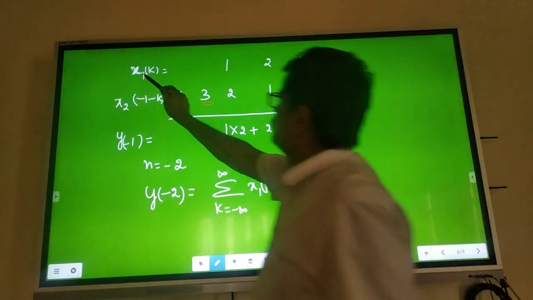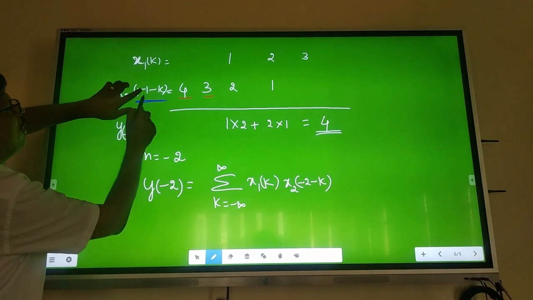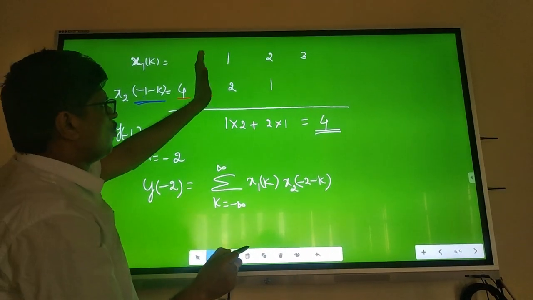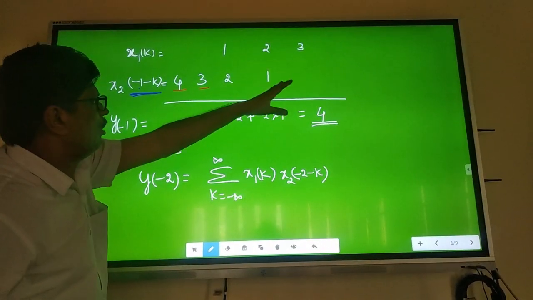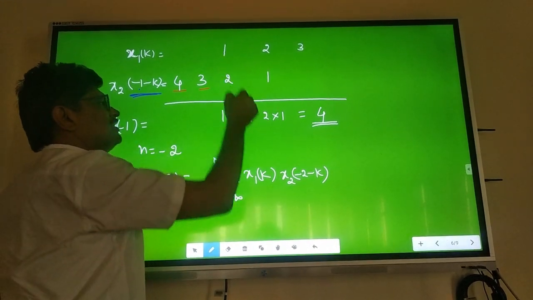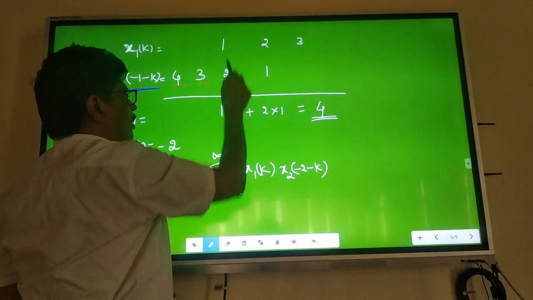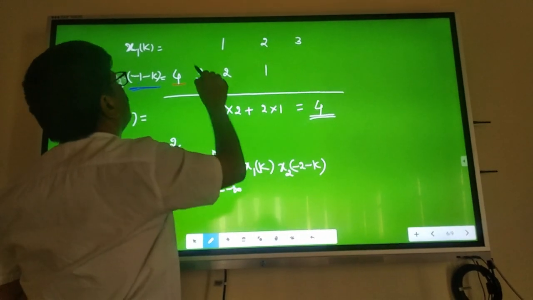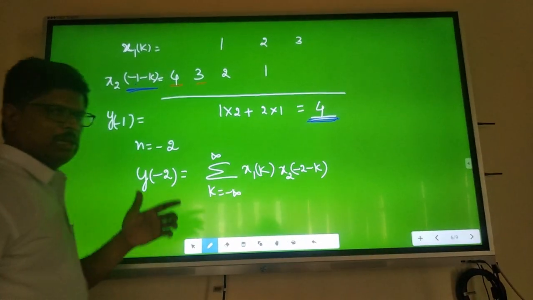You will get x1[k] as it is, 1, 2, 3. x2[-1 minus k] means the sequence 4, 3, 2, 1 is now shifted left by 1. Now do the multiplications and additions: 2 into 1 plus 1 into 2, and 3 into 0 is 0, 4 into 0 is 0. Therefore you will get the answer as 4.